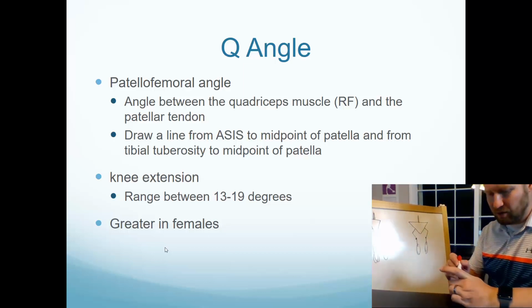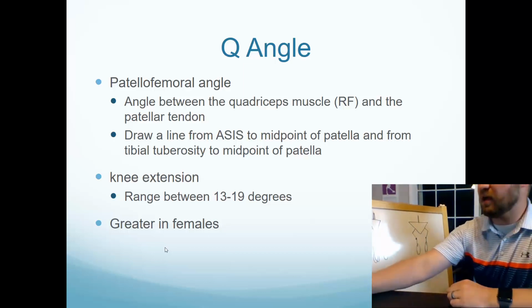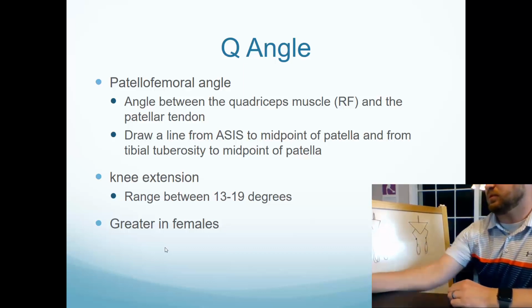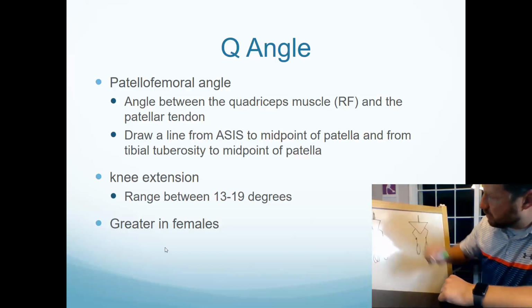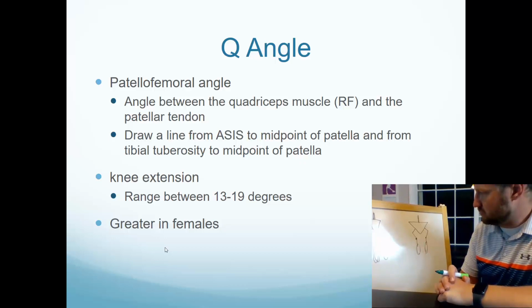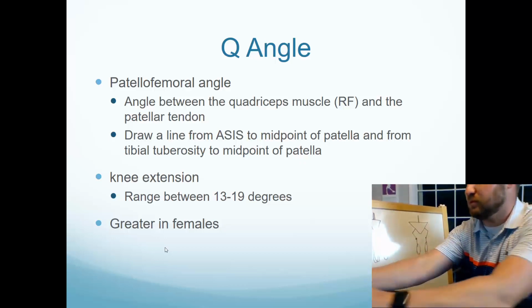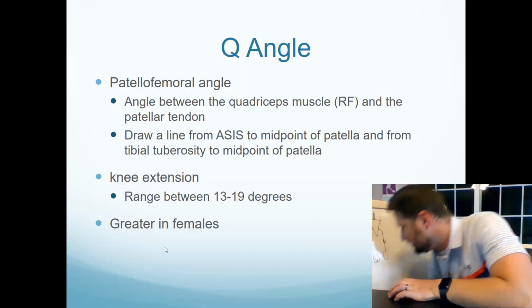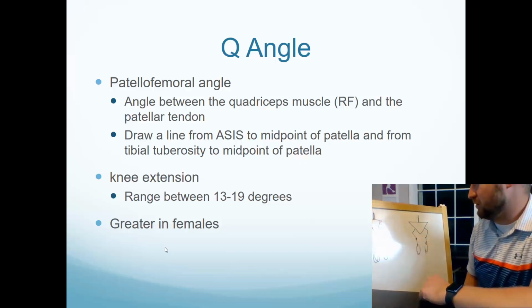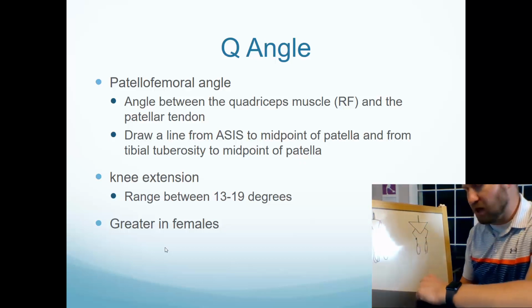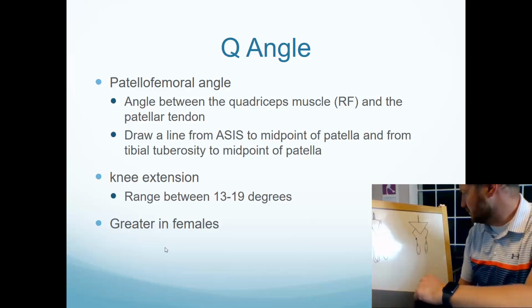Okay, so now we talk about patellofemoral pain syndrome. Okay, now let's imagine that our quadriceps muscle, right? Our quadriceps muscle. We'll see if I can use the red, if it's not totally dead. Okay. The quadriceps muscle comes from our ASIS all the way down to the knee. Right? It pulls pretty much on a straight line. Okay.